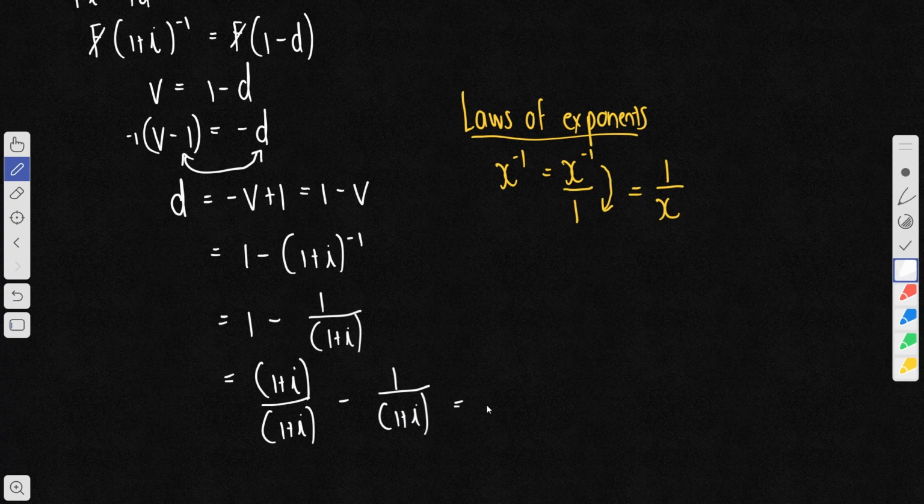Now, since we have the same denominator, we can say this is equal to 1 plus i minus 1 divided by 1 plus i. And this is simply equal to i divided by 1 plus i, since 1 and negative 1 cancel each other out. Finally, we have a formula for d, which is i divided by 1 plus i.